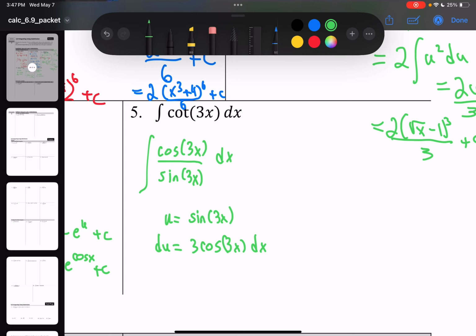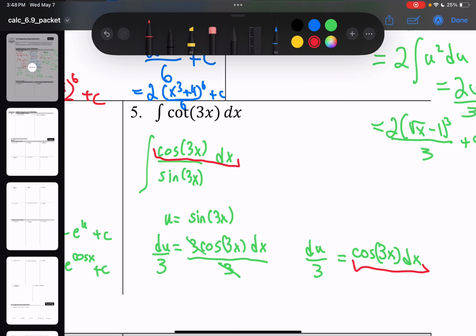I want it to be cosine 3x dx only, right? So I divide by 3, so then du over 3 is perfectly equal to cosine 3x dx.